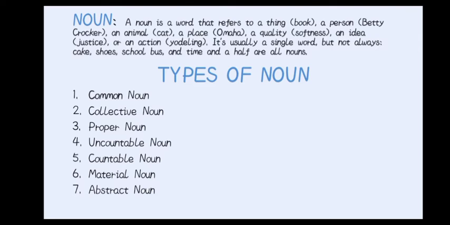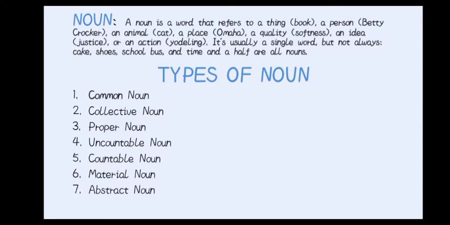Then animals are basically your wild species. Suppose I say elephant, cow, goat, any animal can come under this category. Place is again the destination, or different cities, different countries, they come under the category of place.